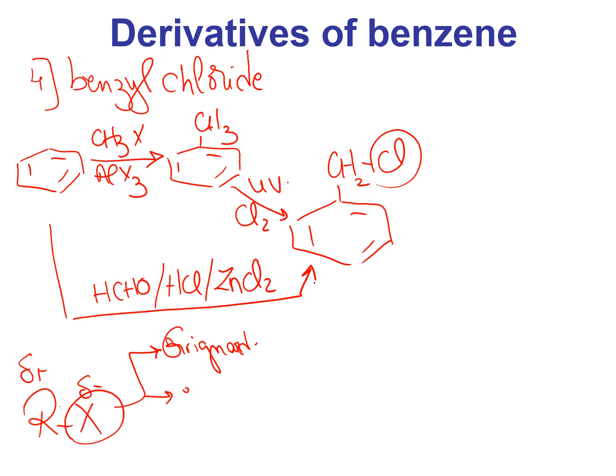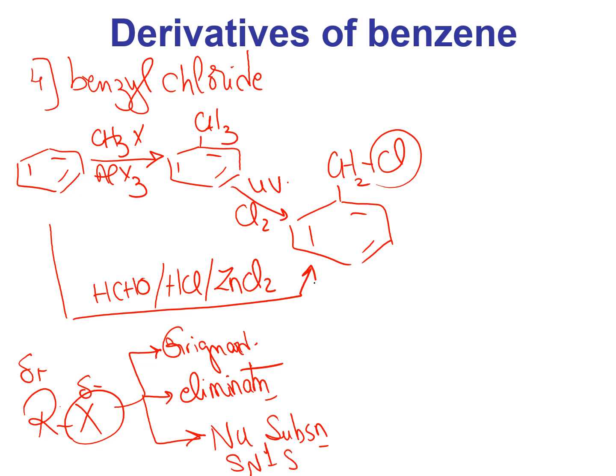You have the elimination reaction, which is not possible here because, as we said, to perform an elimination reaction, you have to have a hydrogen on the carbon alpha to the carbon carrying the halogen. This carbon has no hydrogen, so elimination is not possible. And then finally, the nucleophilic substitution reactions. You had the SN1 and the SN2.